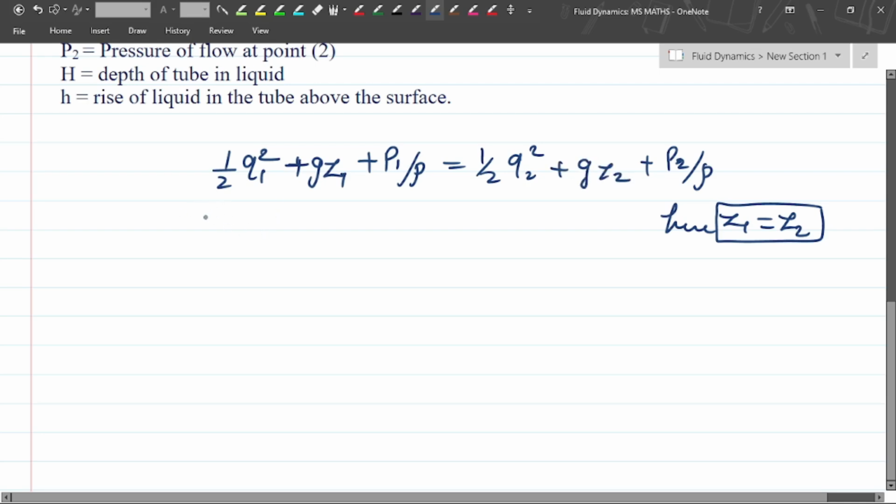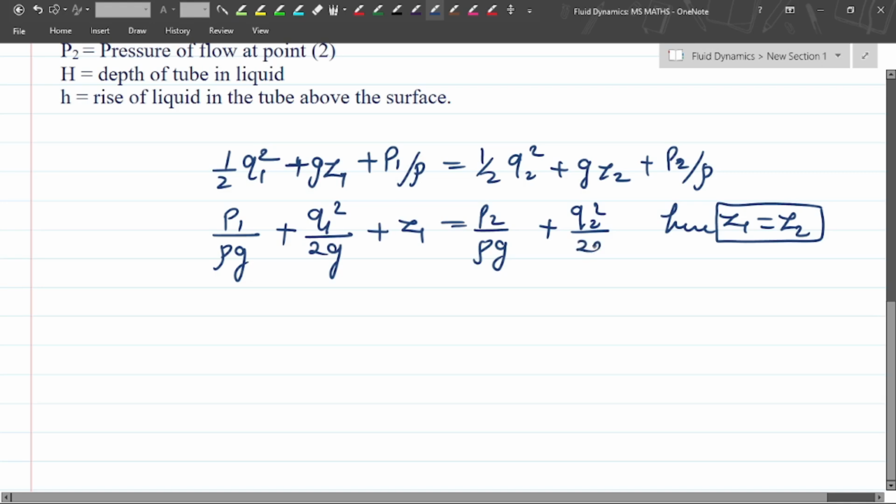So we will write it as p1 upon rho g plus q1 square upon 2g plus z1, then p2 upon rho g plus q2 square upon 2g plus z2. Then these both things will cancel. Then this is nothing but h plus q1 square.